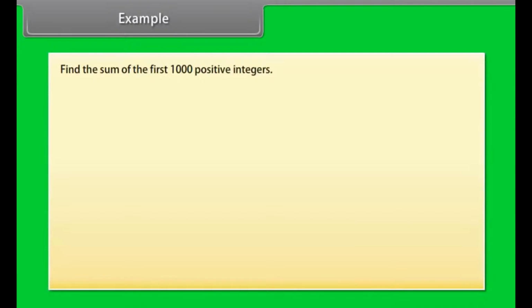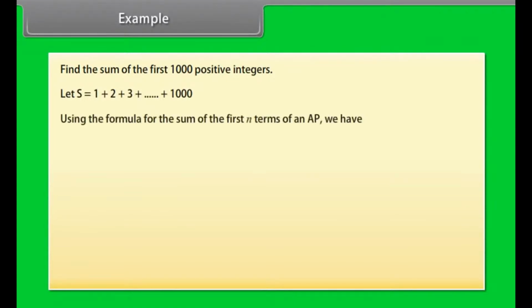Find the sum of the first 1000 positive integers. Let S is equal to 1 plus 2 plus 3 plus so on plus 1000. Using the formula for the sum of the first n terms of an AP, we have Sn is equal to n upon 2 into (A plus L).